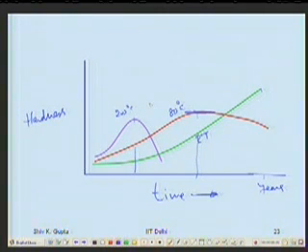Whatever volume fraction of the precipitate has to form as given by the lever rule has formed. No more nucleation will be possible after that. No more particles will be forming. So you reach the maximum.